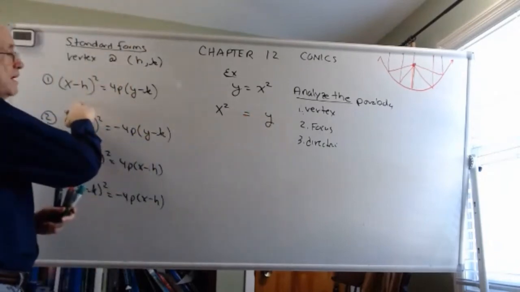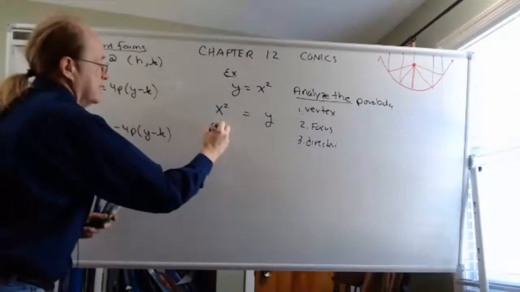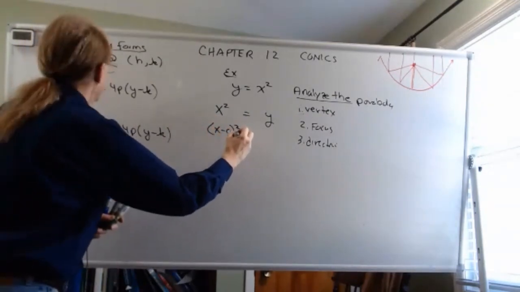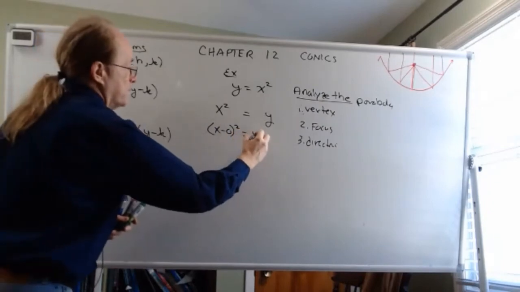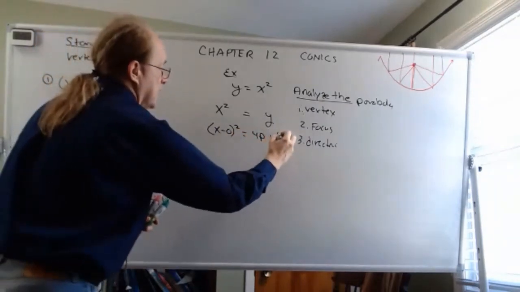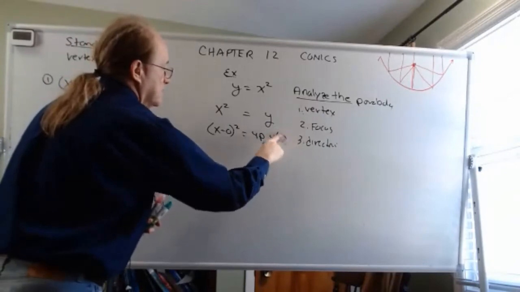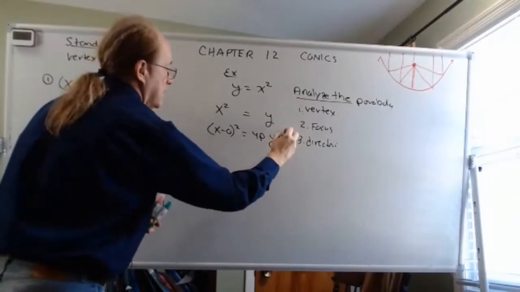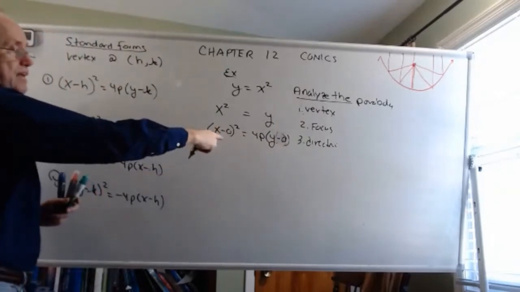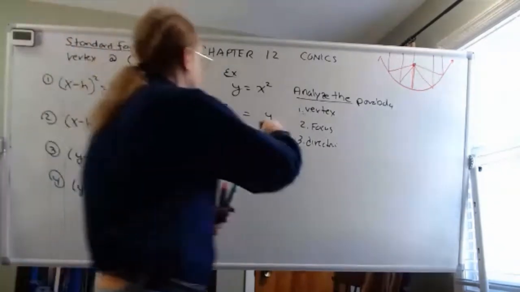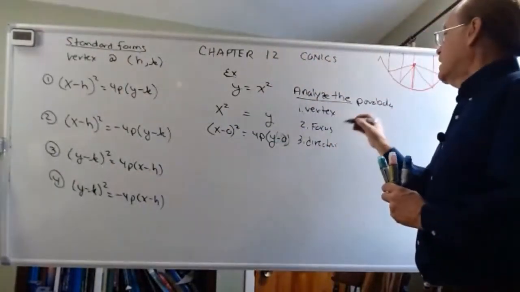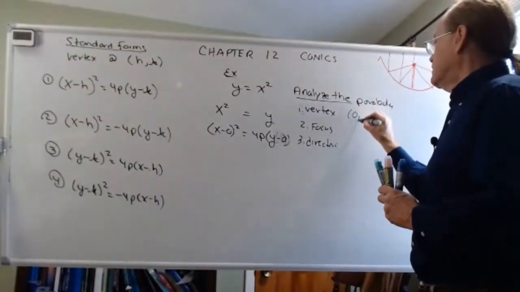That tells me right away I could write it like this, x minus 0 squared is equal to 4p times y minus 0. So my vertex is at the origin, 0, 0, if I try to fit it into that form.